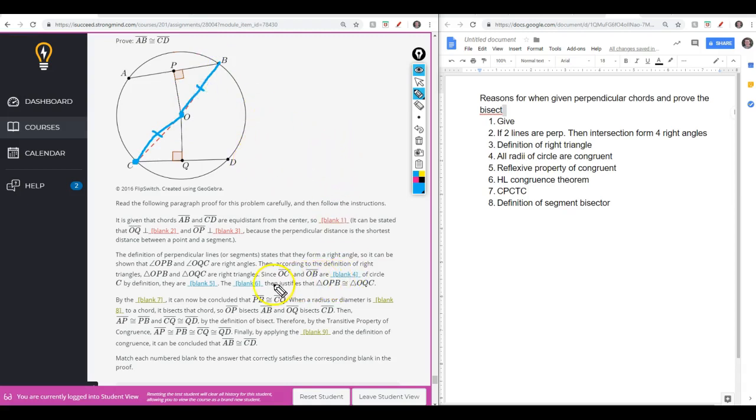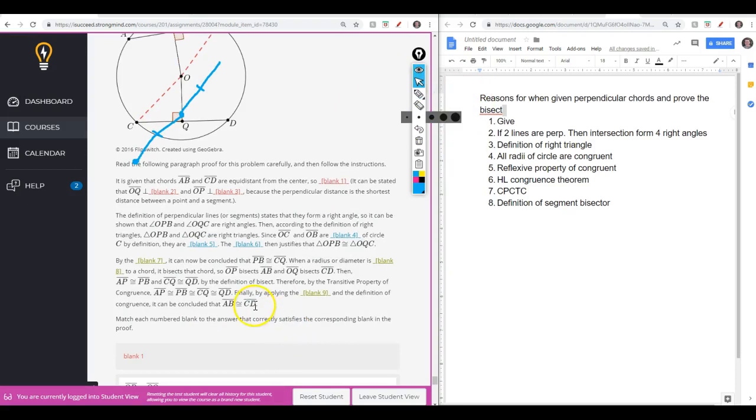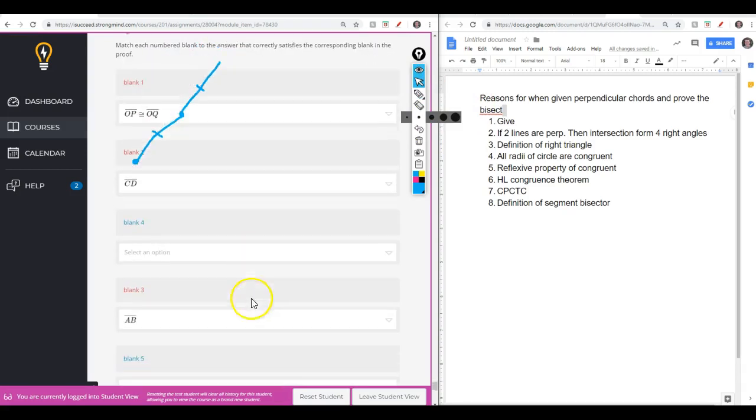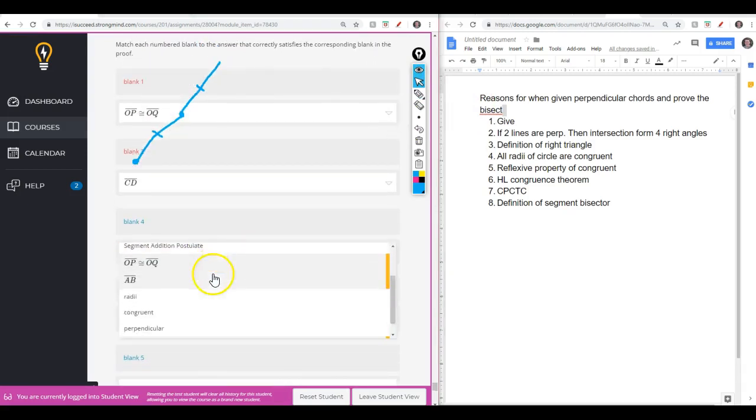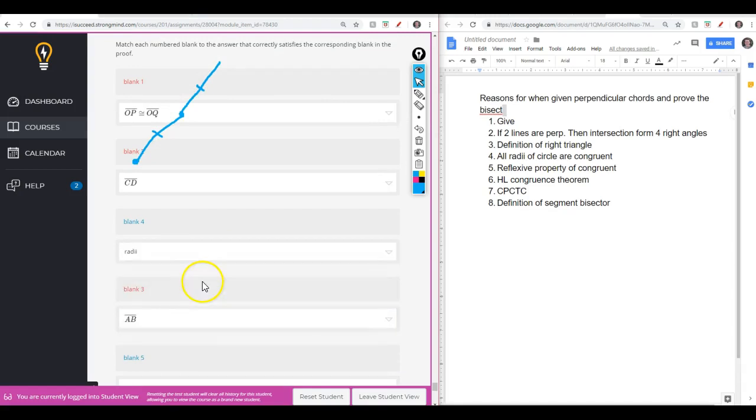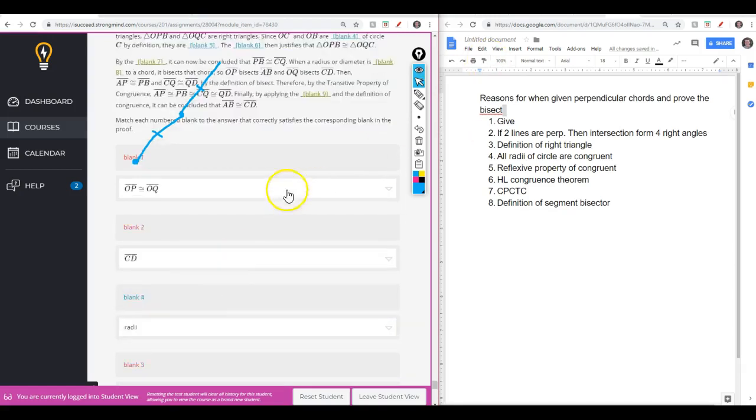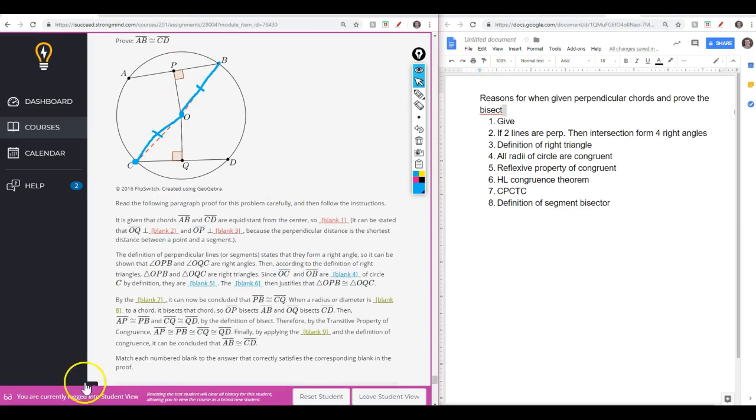So since they are radii of the circle, what I'm going to be looking for in blank 4 is radii. And then going back up, noticing they are blank. The definition of radii means that they are congruent.